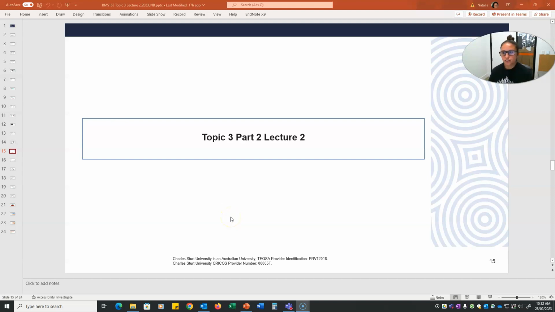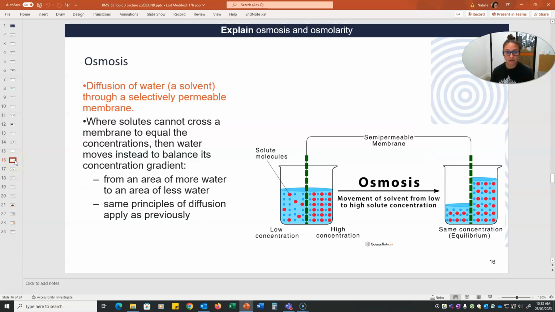Okay, everyone, so now that we got our heads around diffusion, remember that diffusion is the movement of any molecule from an area of high concentration to low. Now we can start thinking about osmosis.